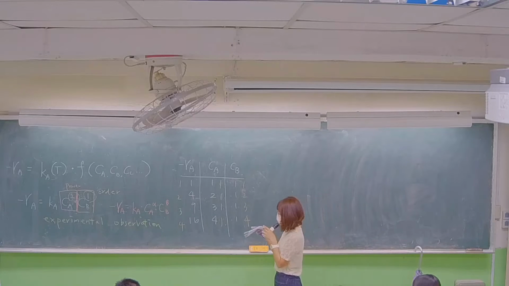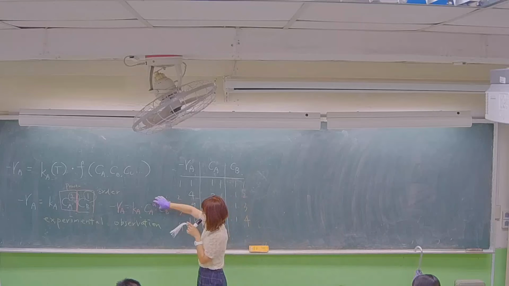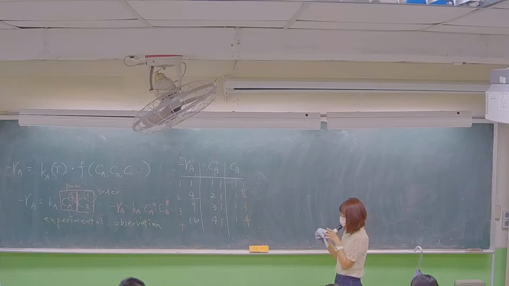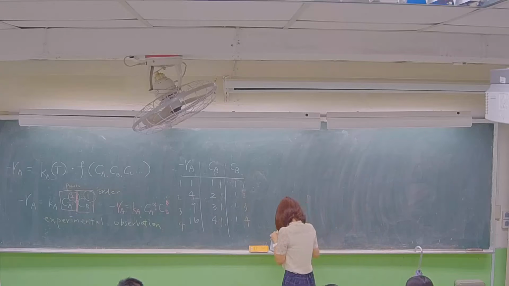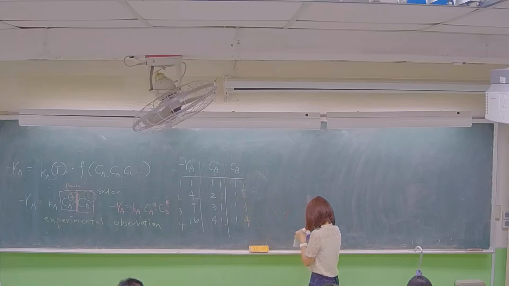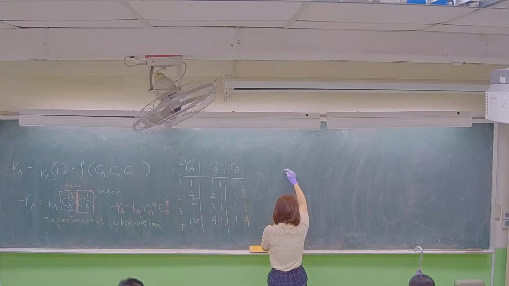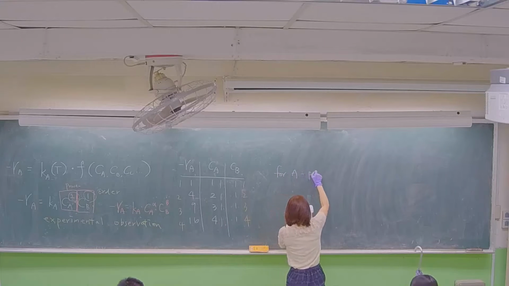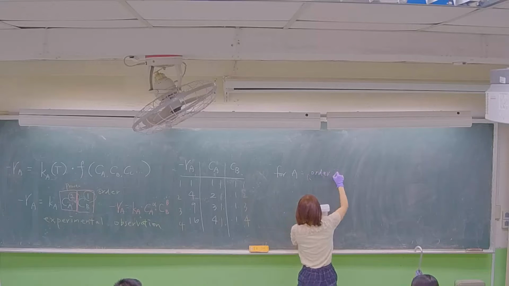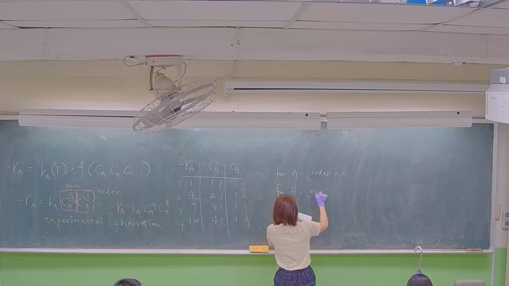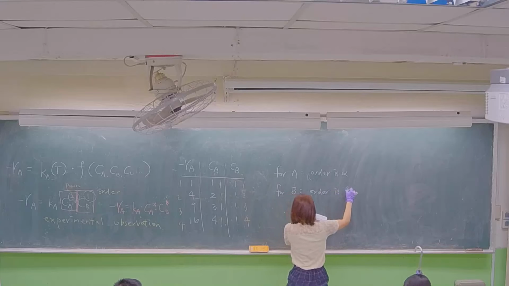Order of reaction is the power, alpha and beta, to which the concentrations are raised in the rate law. So for A, the order is alpha, right? For B, the order is beta.